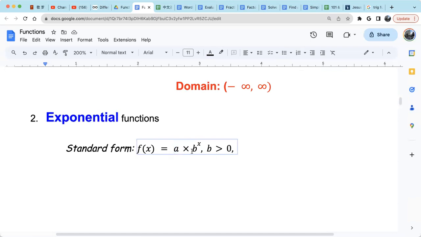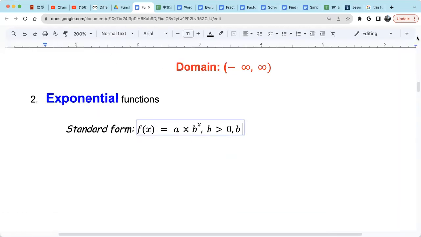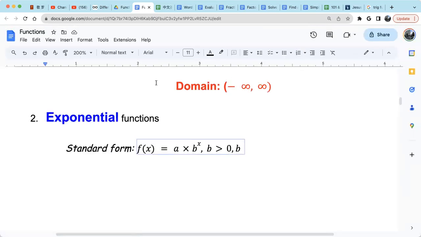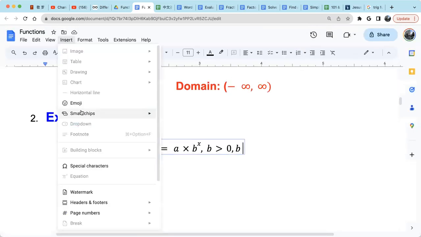Also, we don't want to deal with b equals 1. So we want b not equal to 1.